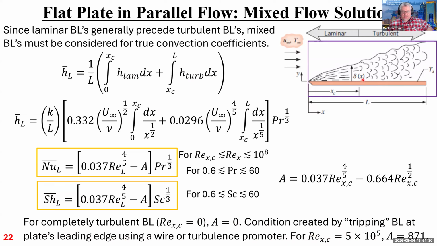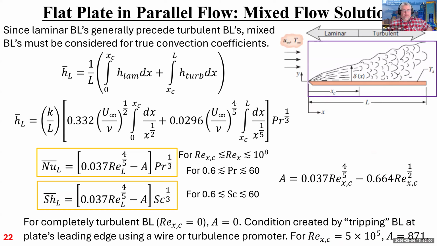If you're solving this exactly for the value at the critical Reynolds number, A is just this value, 871. That turns out to be useful because sometimes you need to know the value to plug in for A for a typical problem instead of having to plug in for the Reynolds number and solve it. You just know that at that spot it's 871. Okay, so that's a good piece of information to have.